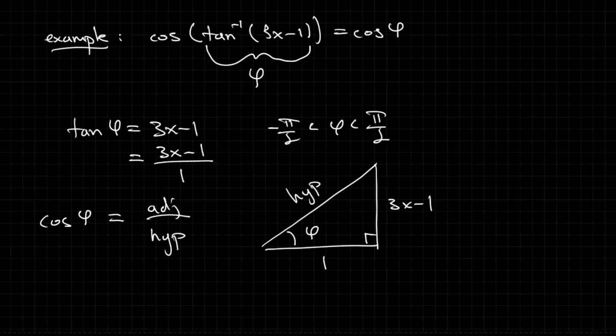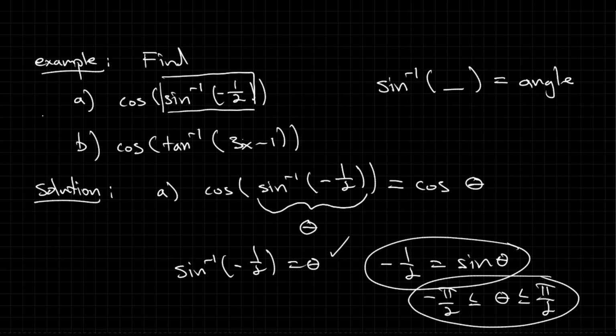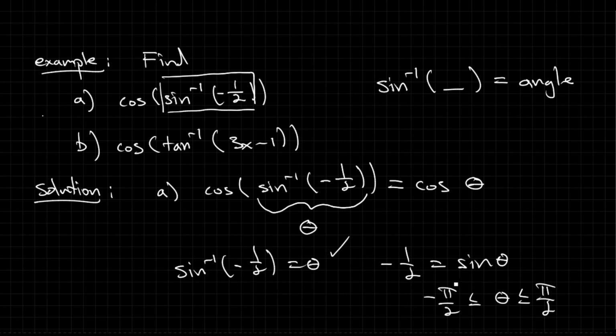And to see the reason why, let's just imagine that we were doing this other problem here, cosine of sine inverse of negative 1/2. We got to a point where sine of theta was negative 1/2, and at that point, if we wanted to do this using a triangle, we would try to draw a triangle for which sine of theta was negative 1/2, but that's not entirely clear what that means.